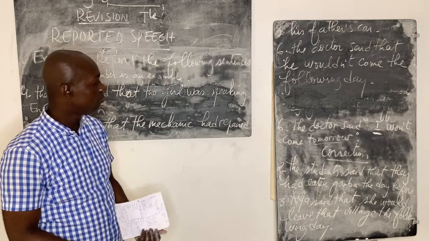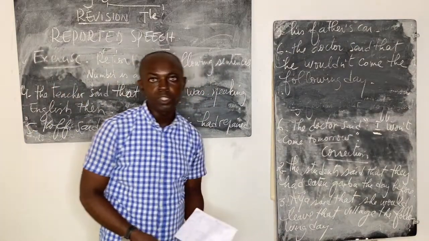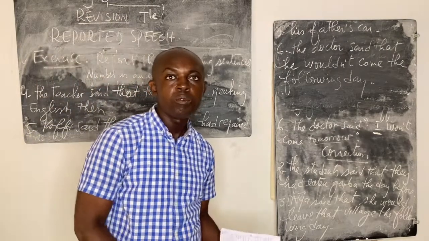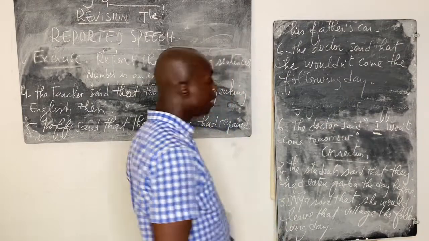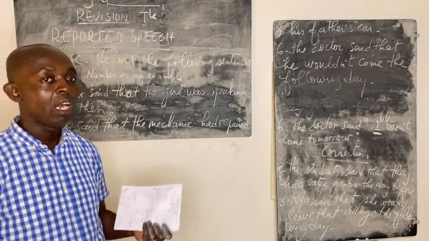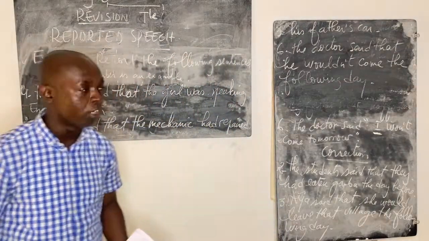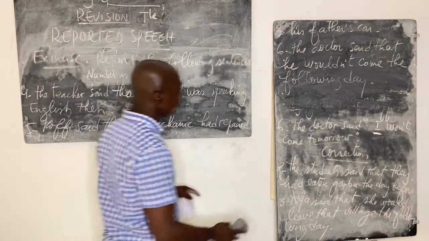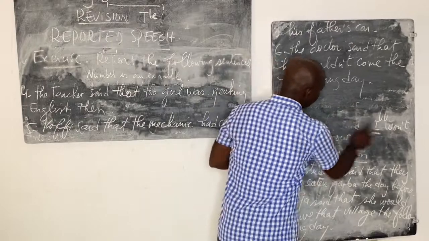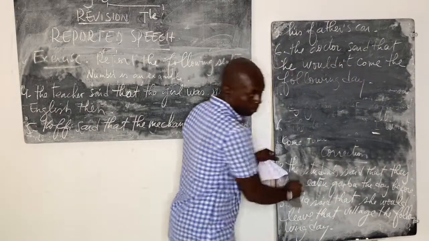So this is it. This is the correction of our exercise. Right now, for a better understanding and comprehension of the lesson, I'm going to give you some homework.